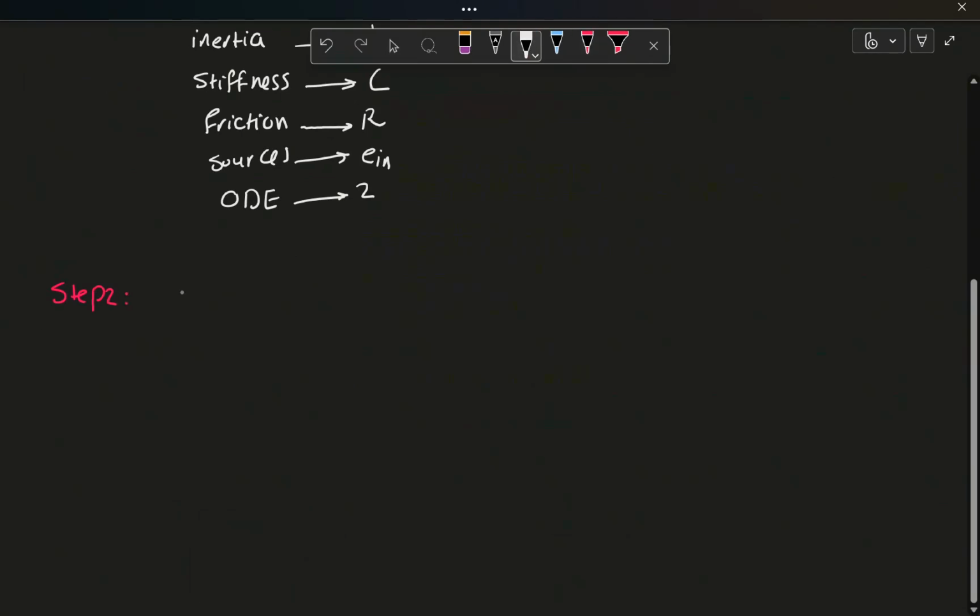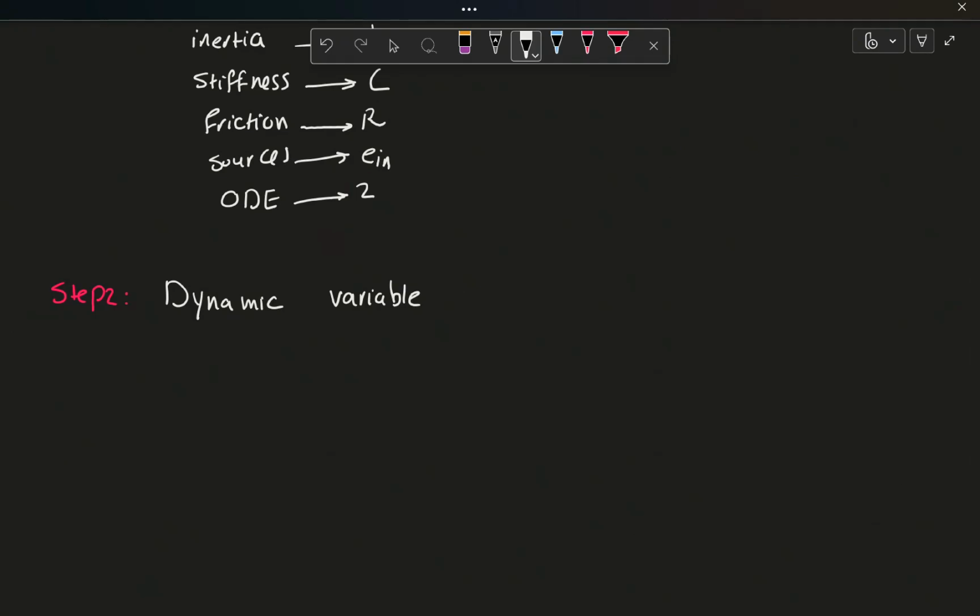In step 2, I'm going to define the dynamic variables. So, what were dynamic variables? We have two types of dynamic variables. Yes, voltages across the capacitors and currents through the inductors.